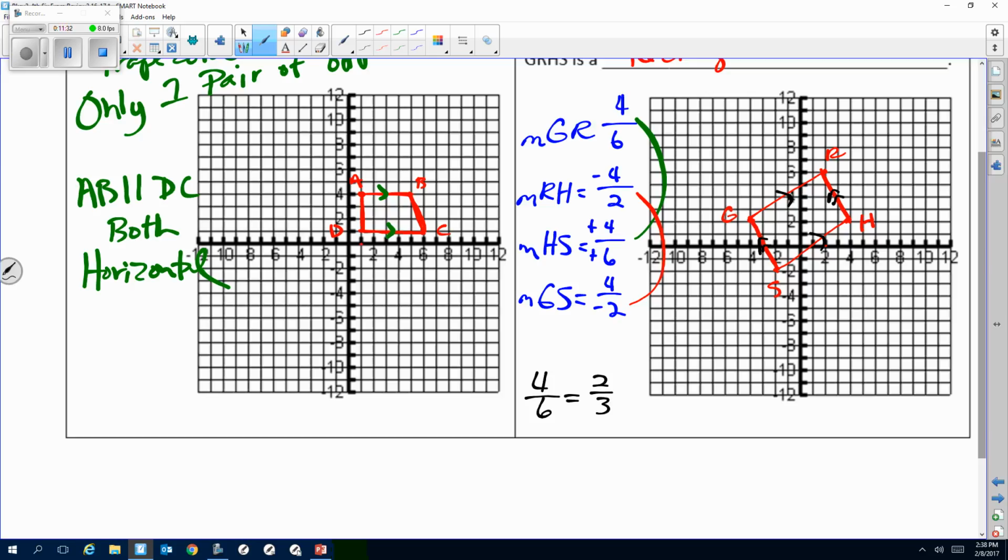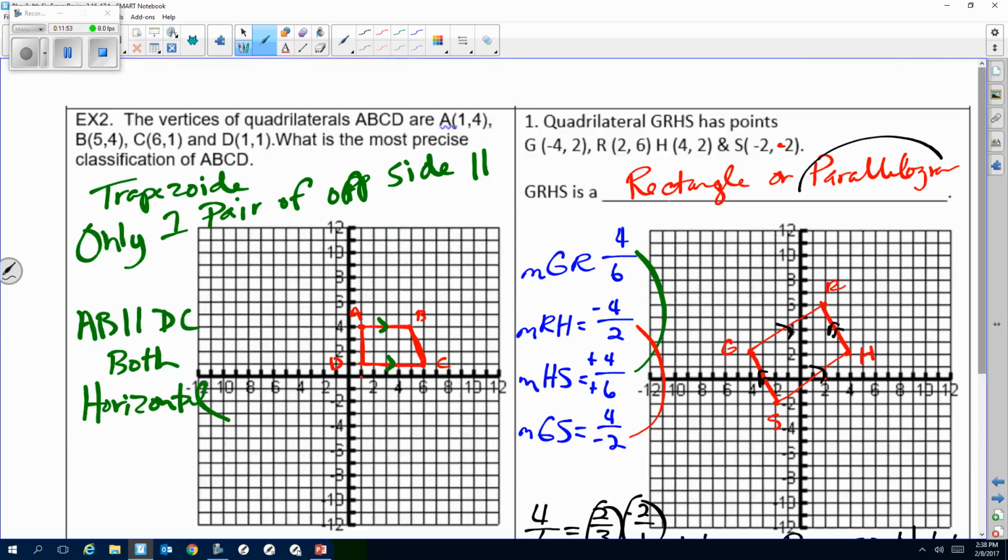And then RH was a negative 4/2, which can reduce to negative 2/1. Well, these are not opposite reciprocals. So it's not perpendicular. So it only is a parallelogram. Okay? So that takes care of that.